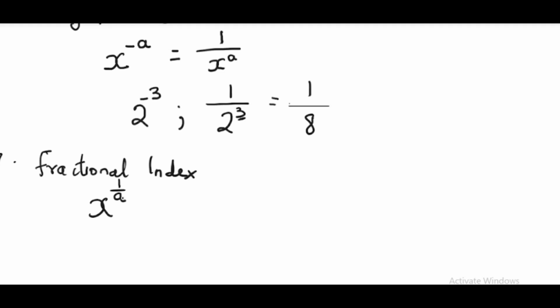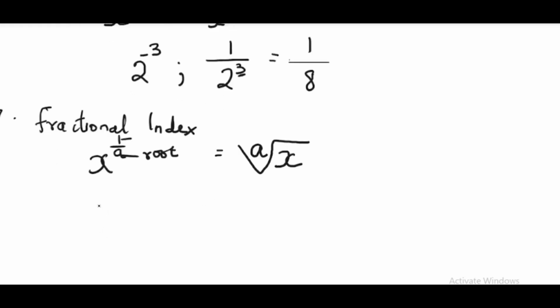So what happens? The denominator becomes the root. Okay? So since 1 is my numerator, in fact, every whole number has 1 as its power, right? Okay. So this is equal to the a-th root of x. So whether I raise it to the power of 1 or not, it's still the same.